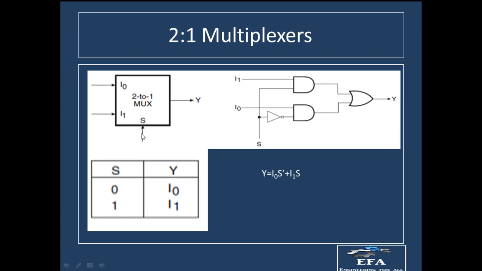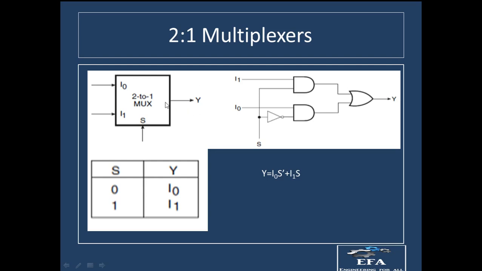So if it is equal to zero, then the input which is coming at I0 will go at the output Y. If select is equal to 1, then the input which is coming at I1 will go at Y.